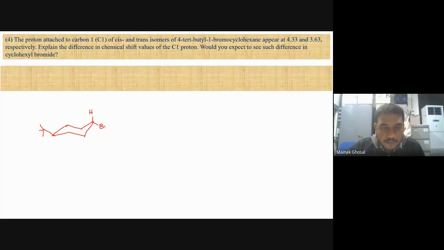So this is one conformation, okay? C1, this one, and we are talking about this proton. Another conformation will be... so which one is cis, which one is trans?